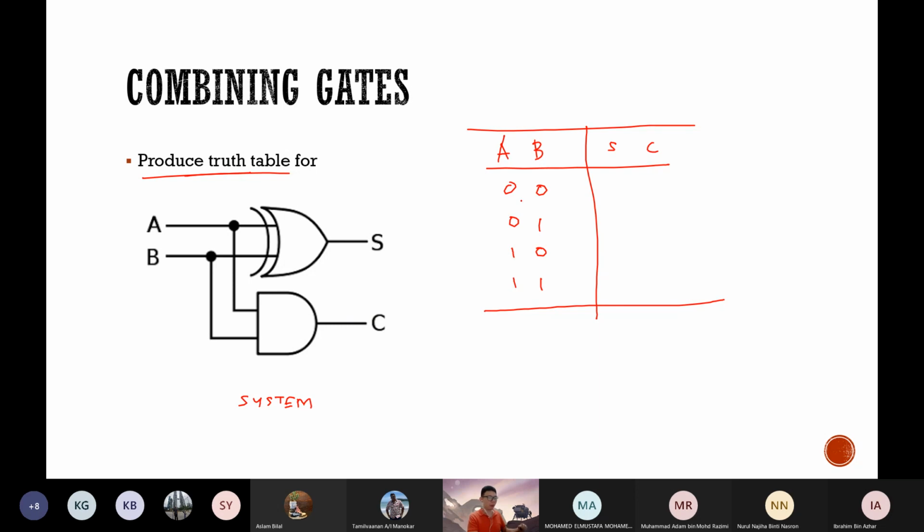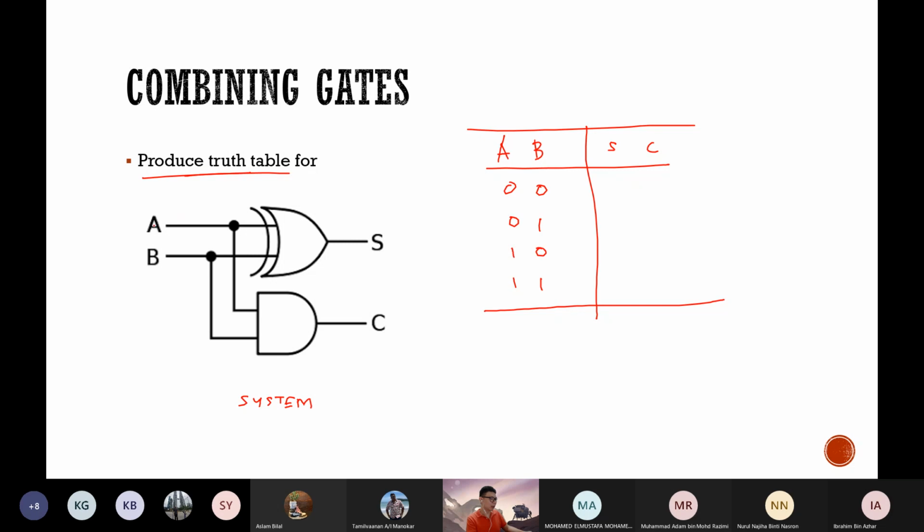There are multiple ways for you to do it. You can use the manual simulation mode, which means that you can input the 0, 0 value, and then you can try to get the output. And you can also do the Boolean expression mode. Okay, so I'm gonna do the Boolean expression method.